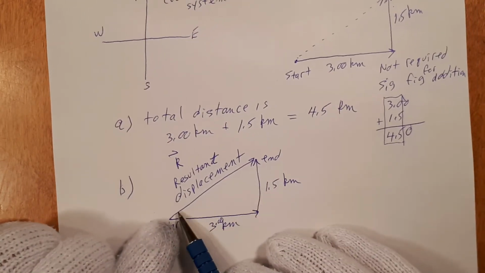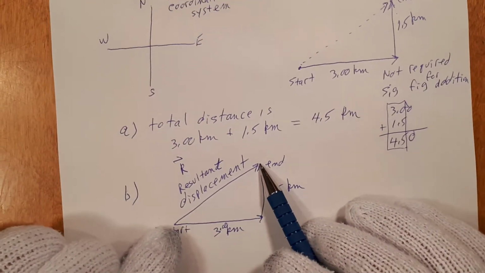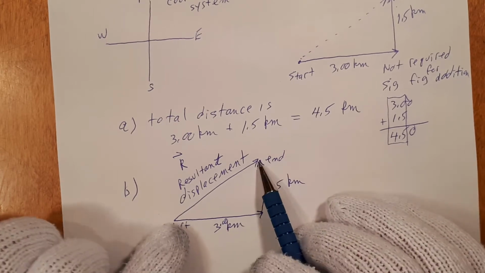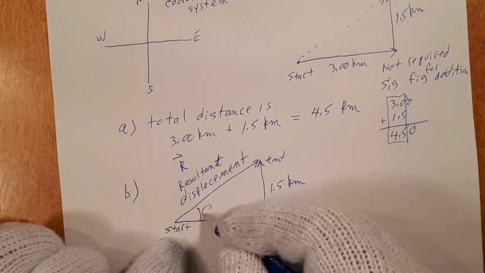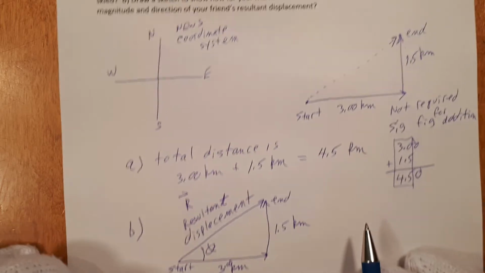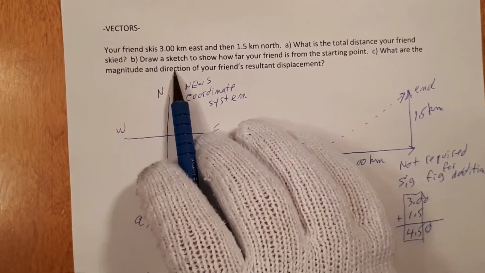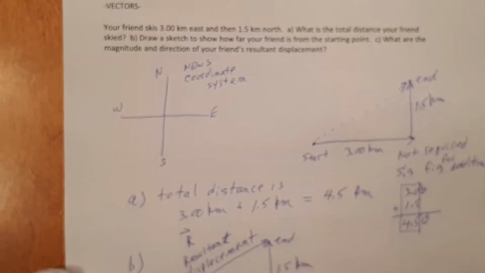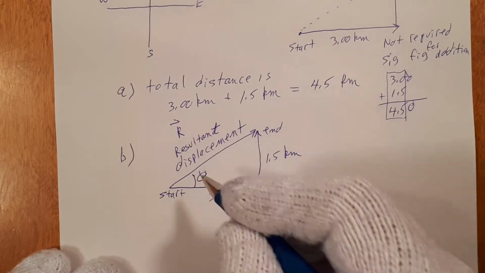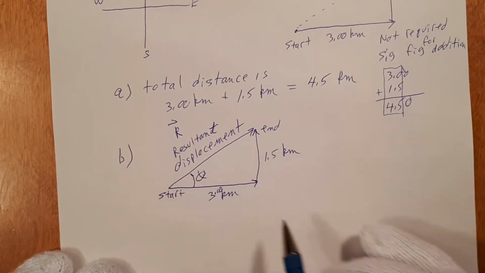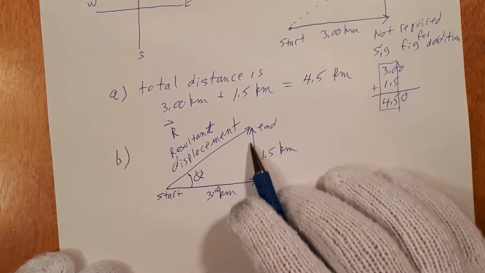So we want to find the magnitude, which is basically the length of this in terms of kilometers, and this angle. The magnitude and the direction with respect to the x-axis. What we have here basically is a triangle.